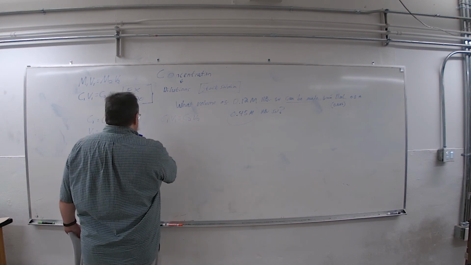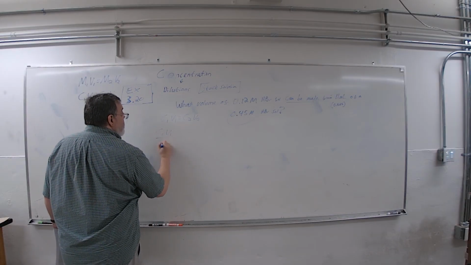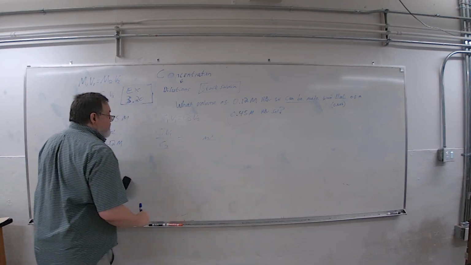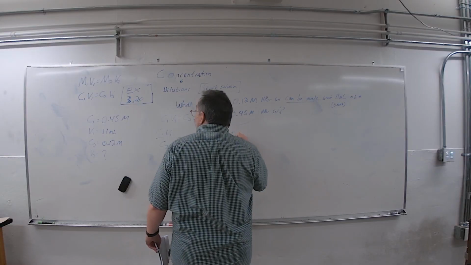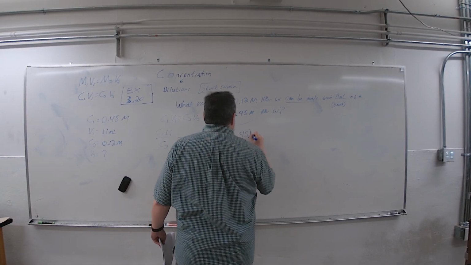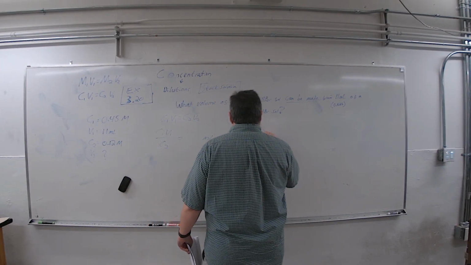Okay. Solving for V2, so C1, V1 over C2 equals, I'm just going to go ahead and write milliliters. So C1, I'm going to leave the units off. V1, 11 milliliters.